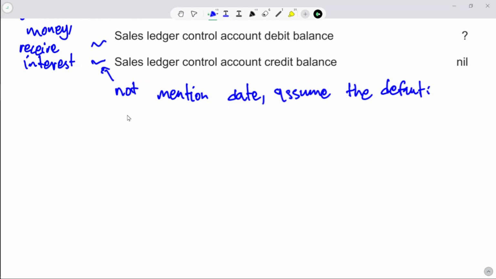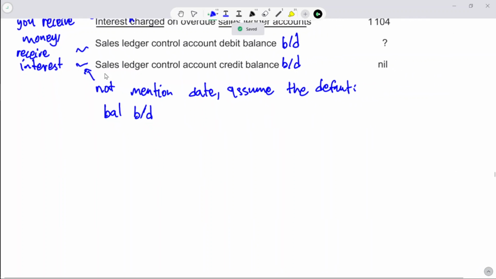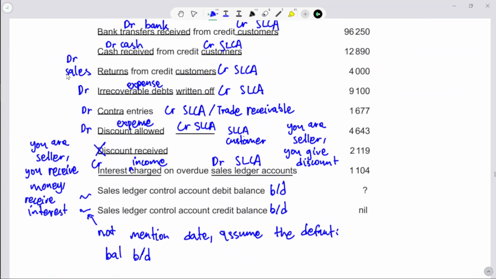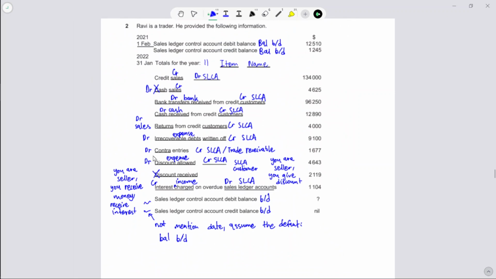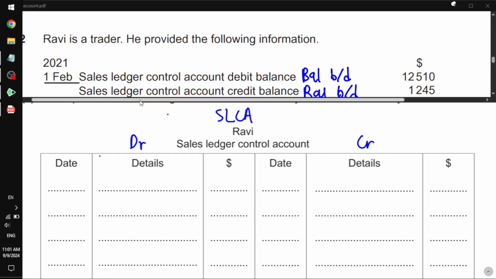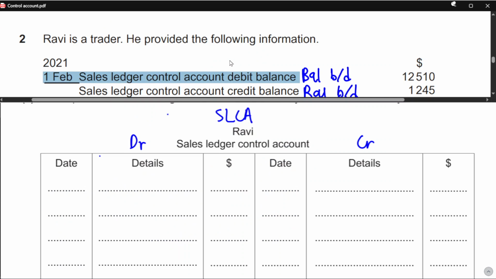The default will be balance brought down. So this one credit balance is also balance brought down. So this is the workings. Now we can input the answer. So this one debit balance brought down, debit balance brought down.